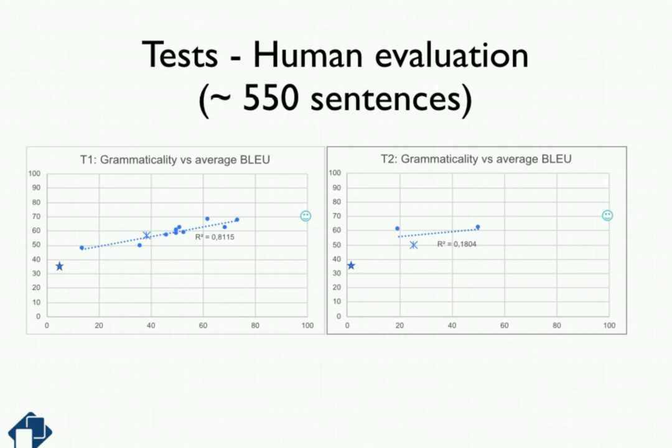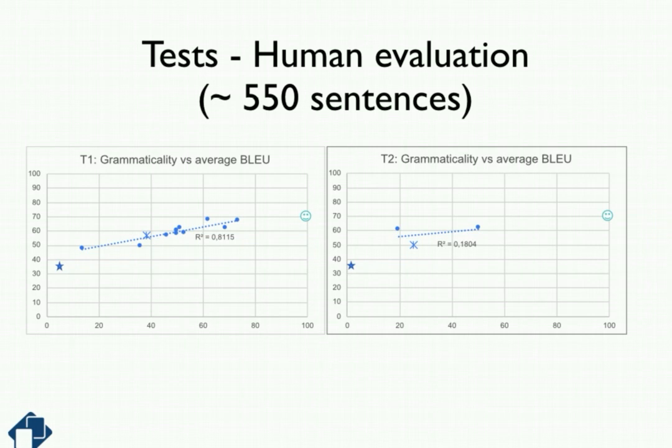So this gives you an idea. Now for the human evaluation. Okay, so that was for the BLEU score. For the human evaluation, the small star in the middle is the score that our system got, which is not far from the average BLEU, for example for grammaticality. So the relation is not so important between the two, and for grammaticality it's not so bad, because this is in fact the human.